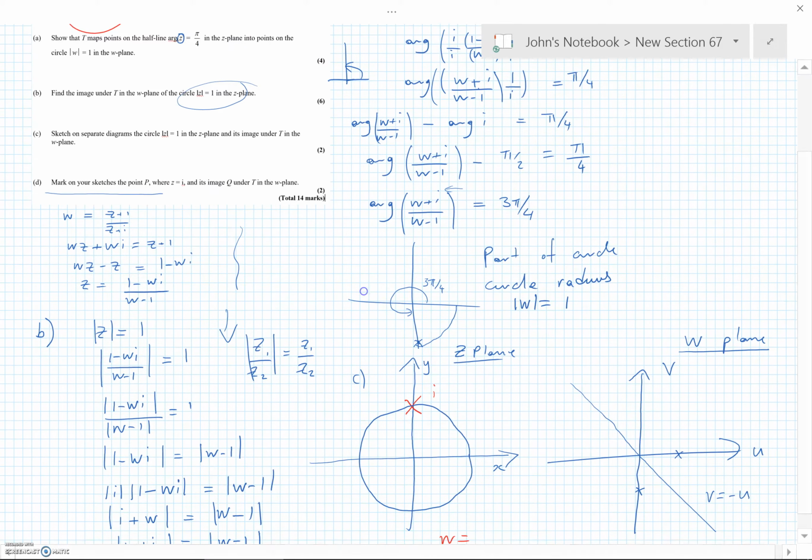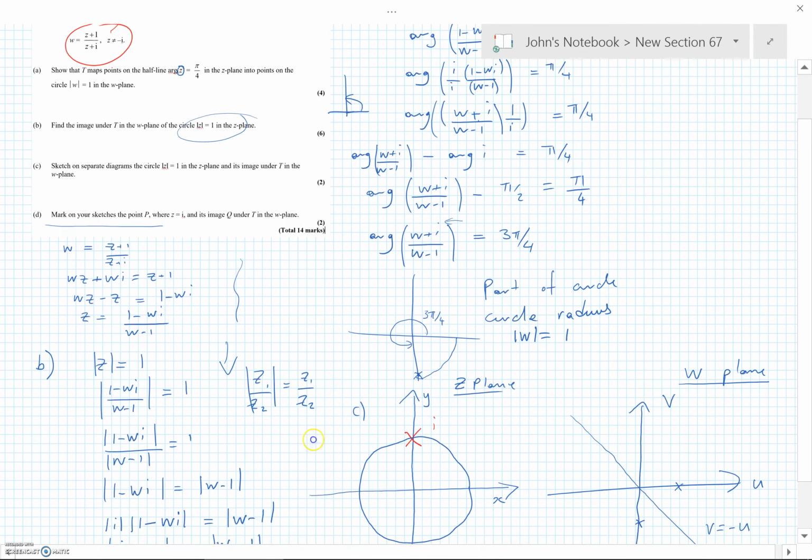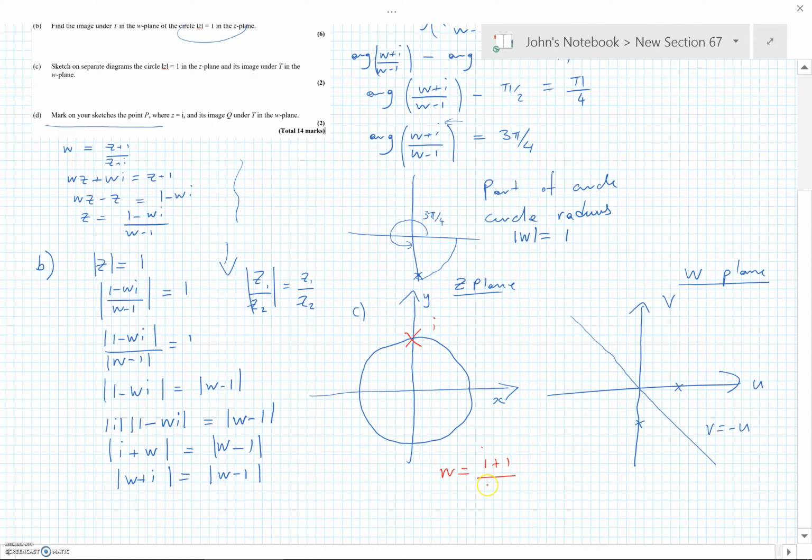Z plus 1, so it's i plus 1 over Z plus i, so that's over i plus i. So that's equal to i plus 1 over 2i, multiplied by i on top and bottom.